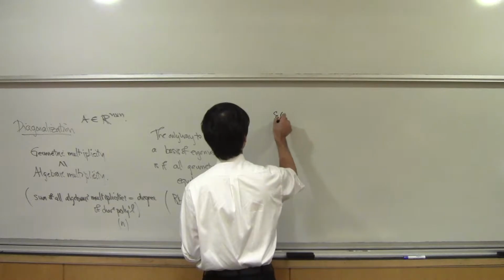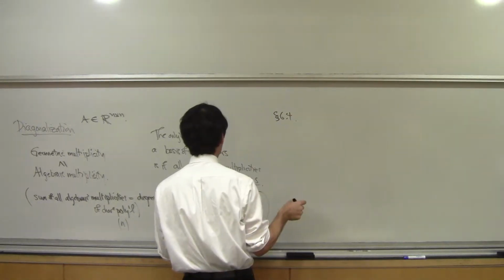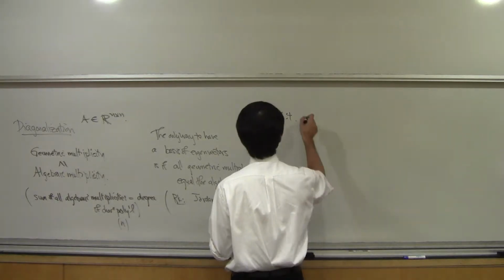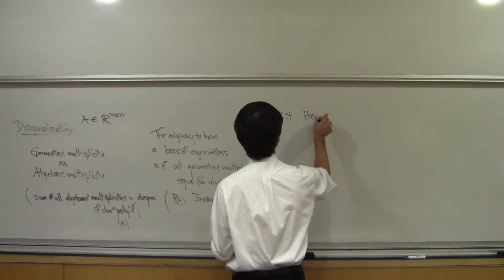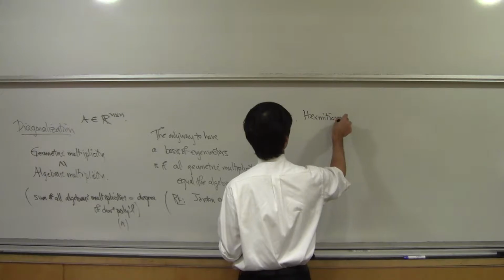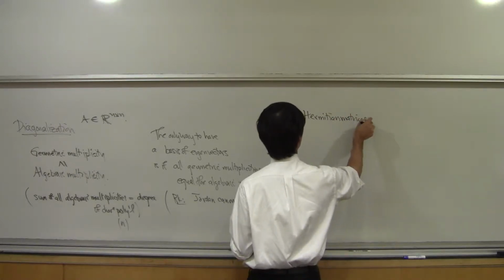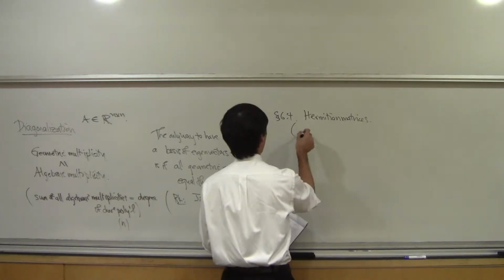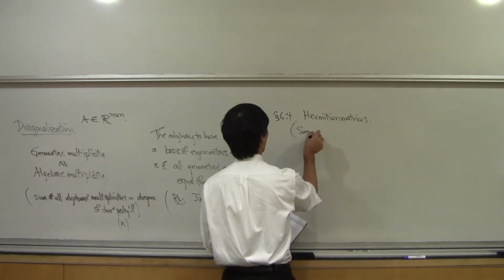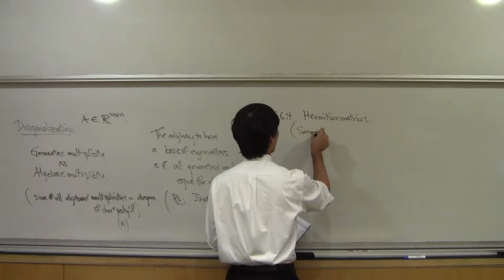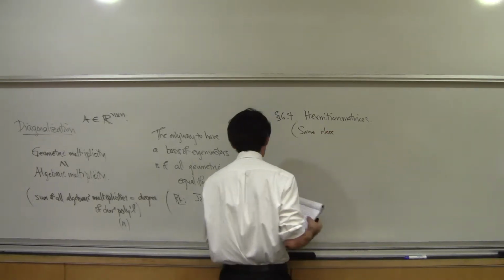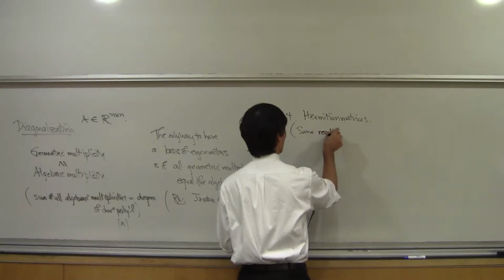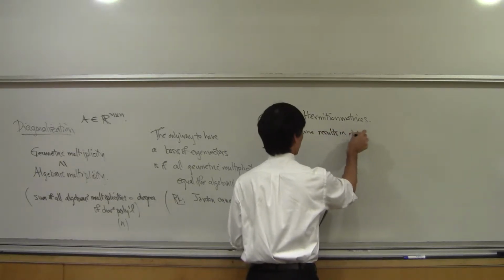So today we're going to go into 6.4, and the topic is called Hermitian Matrices. Basically, this section has some classic results in diagonalization.